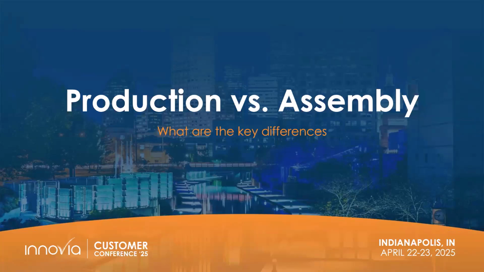That's as opposed to assembly orders. Aldine, if you want to talk about those. Sure. Your assembly orders, I don't want to say are the opposite of production, but are a more simplified version of production orders. I like to think of the assembly process as very clean: you're putting together a kit.